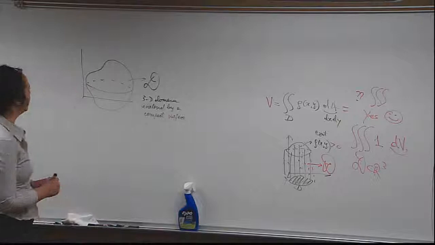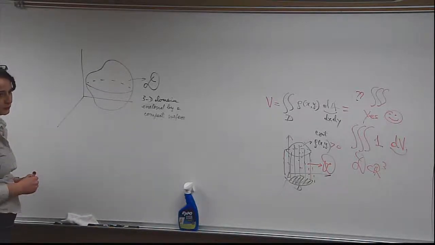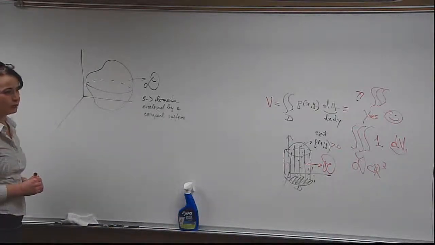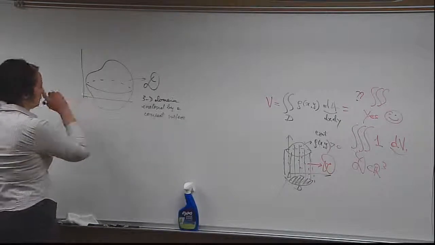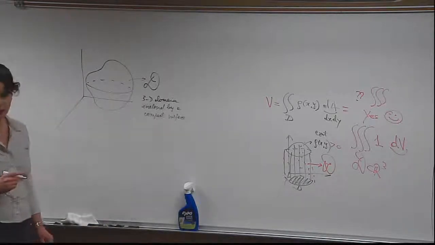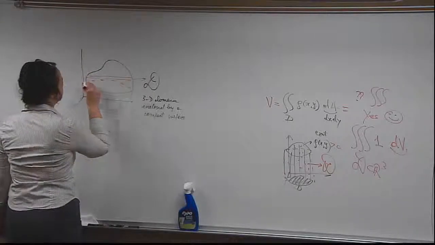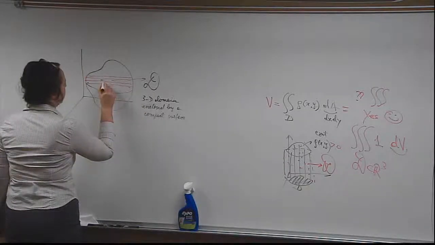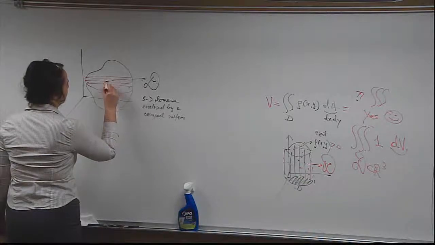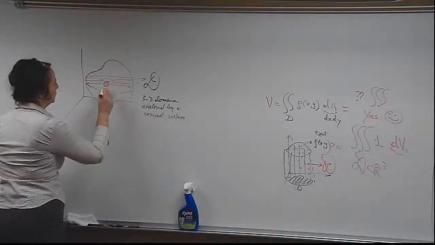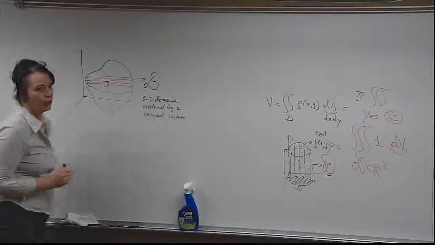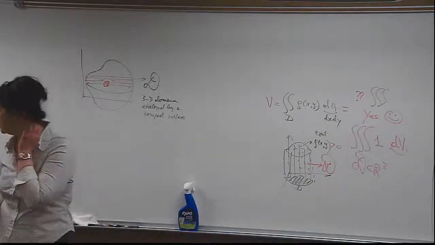It's going to be a hard way to partition this potato, but you have to imagine you have a rectangular partition. So every little pixel will be, if not a cube, a little tiny parallelepiped.